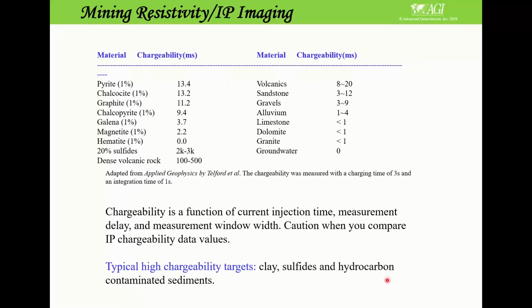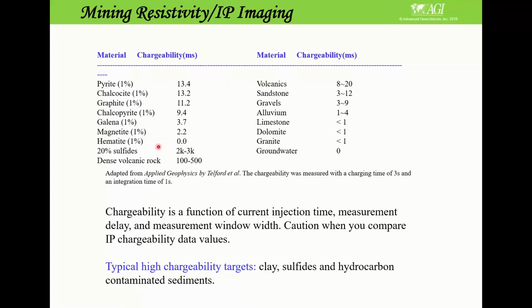So what are typical material chargeabilities in the field? Depending on your mining investigation, you have different materials like sulfide mineralizations or iron, copper, zinc areas. You can see here the materials like pyrite, chalcopyrite, graphite, which is about 10 milliseconds, depending on the percentage of mineralization in the rocks as well.